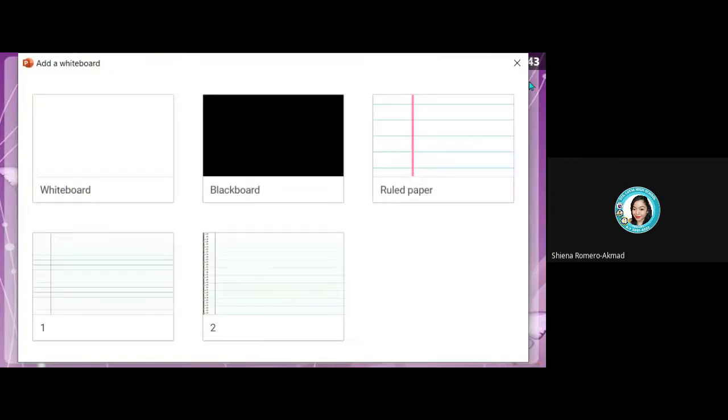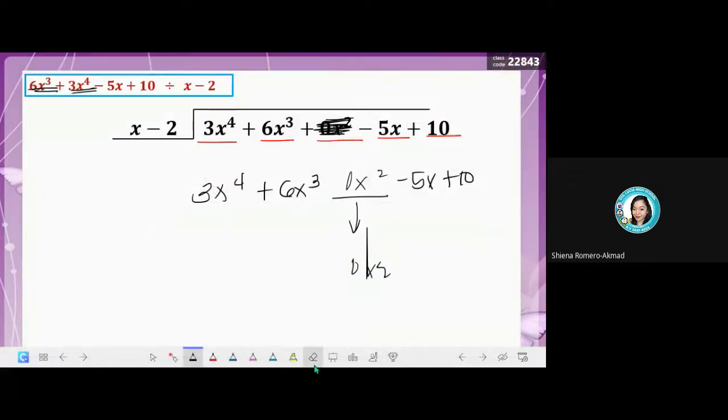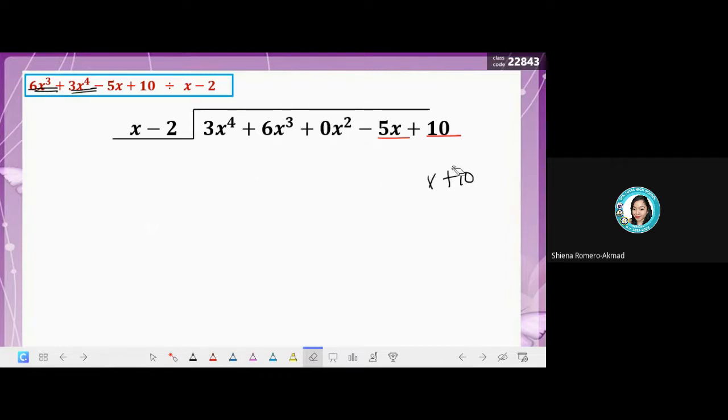Or simply, dahil alam mo namang 0 na yon, pwedeng wag na lang. Kasi pag nag-subtract ka sa 0, magiging negative lang yung answer. So, let us try. Para makita nyo paano pag may nawawala na term.